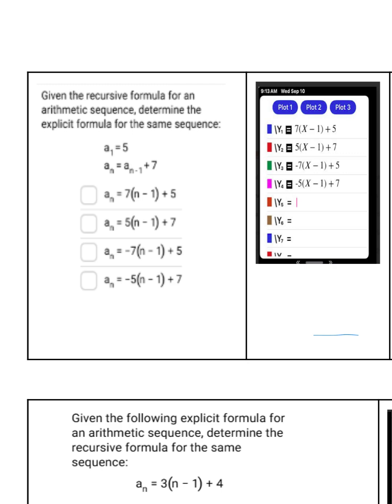If you're given a sub 1 is 5, then when x equals 1 it should be 5. At 2, if we're adding 7, it should be 12. 3 would be 19, correct? Y'all agree?